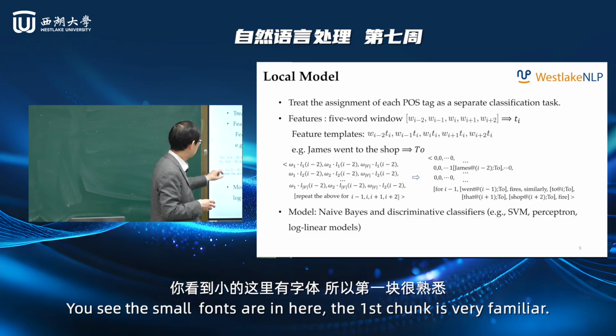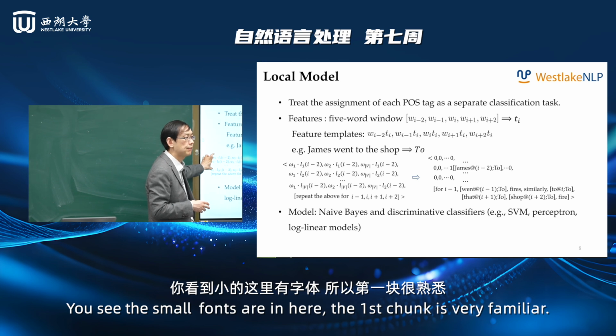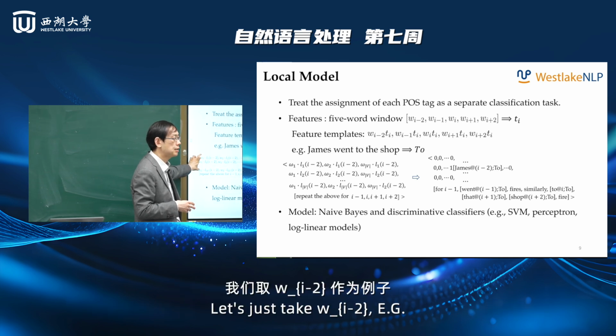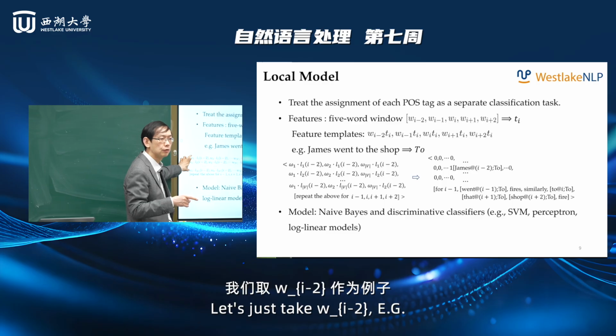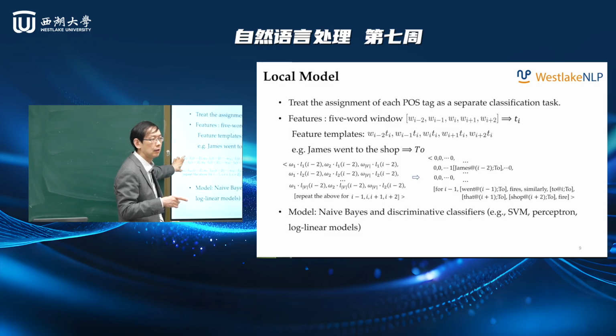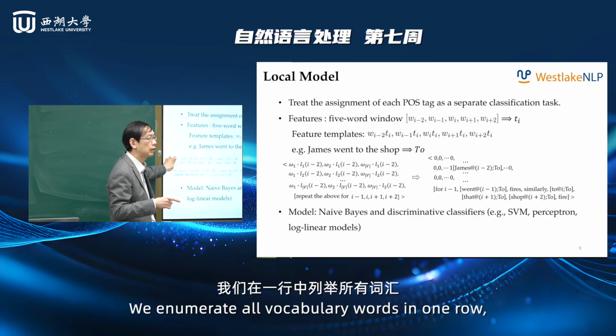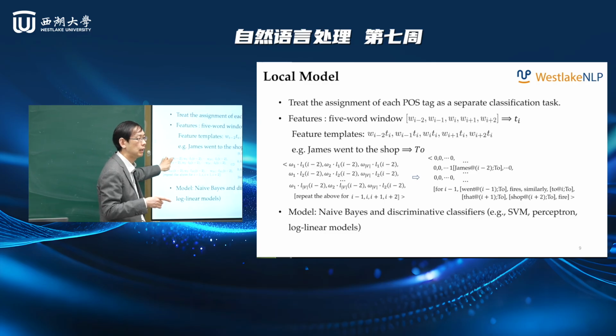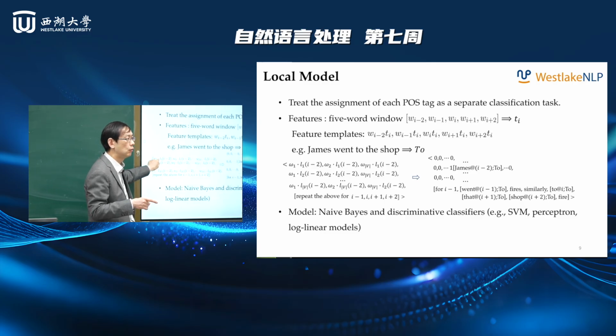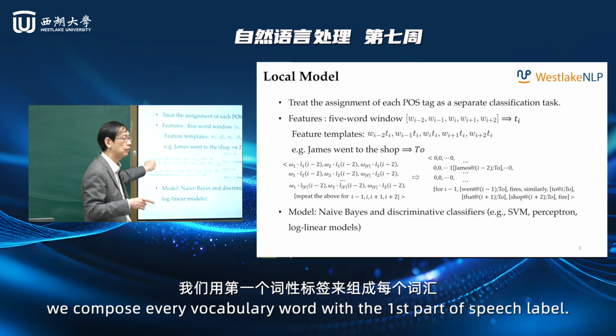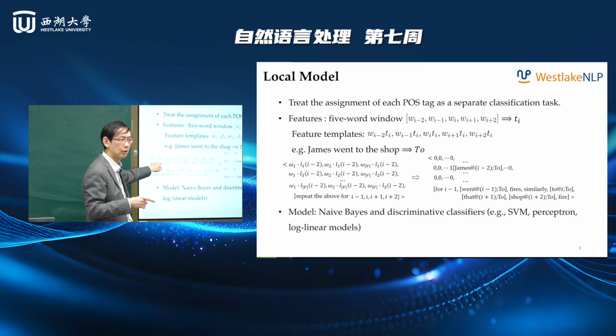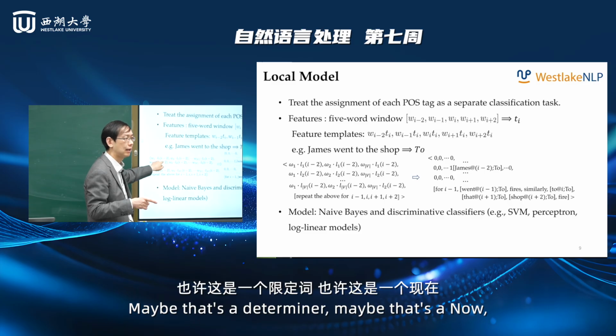The first chunk is very familiar. Let's just take W_{i-2}, for example. We enumerate all vocabulary words in one row. In the first row, we compose every vocabulary word with the first part of speech label, maybe a determiner, maybe a noun.